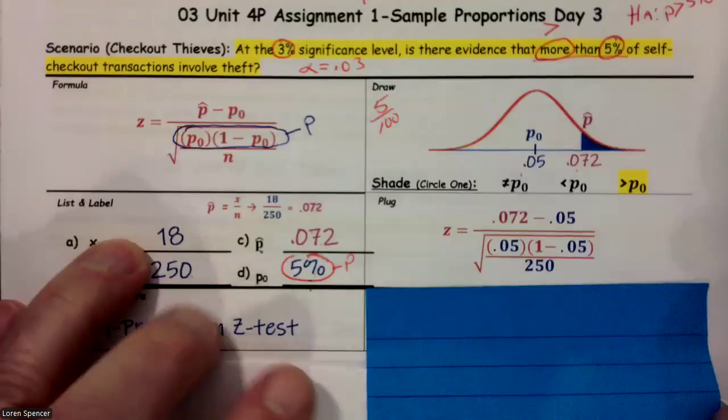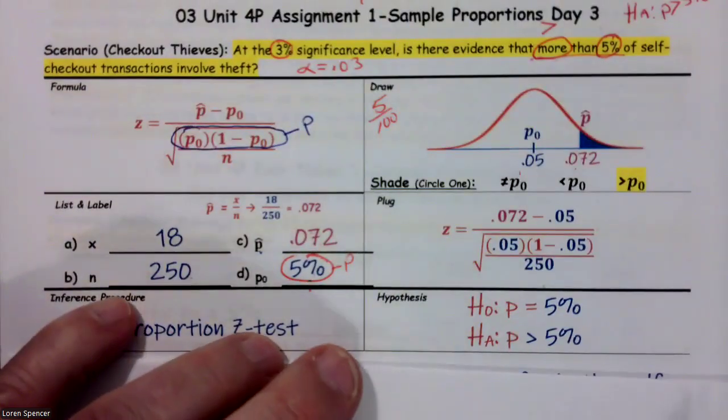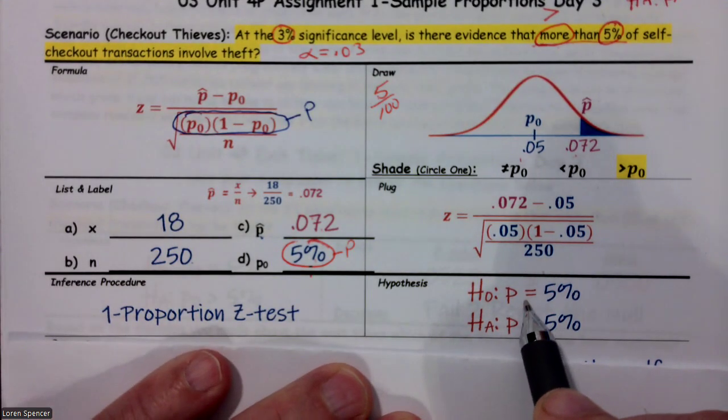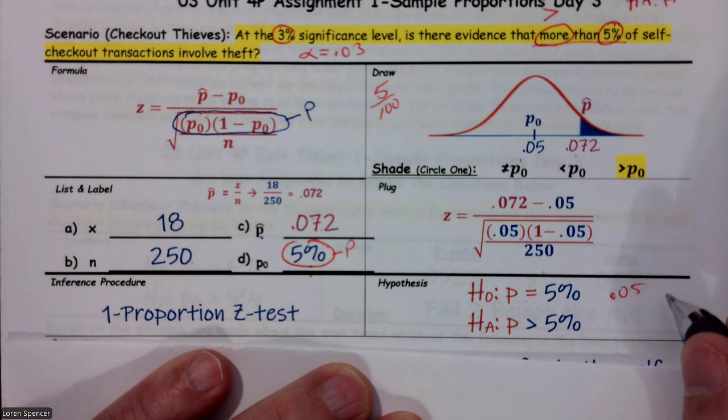All right, then we need to go ahead and write our hypothesis. Well, the claim is, or what we're comparing to, is the 5%. So our null hypothesis, as always, is an equal. Please make sure this is always equal. So equals 5%, or if you'd like, 5 divided by 100 gives us 0.05. So you could have said H0, where p equals 0.05.